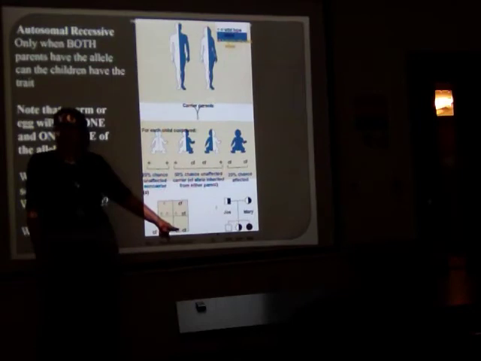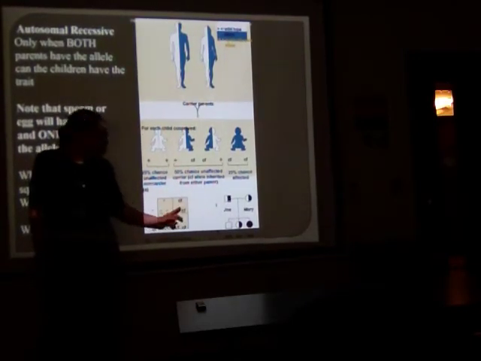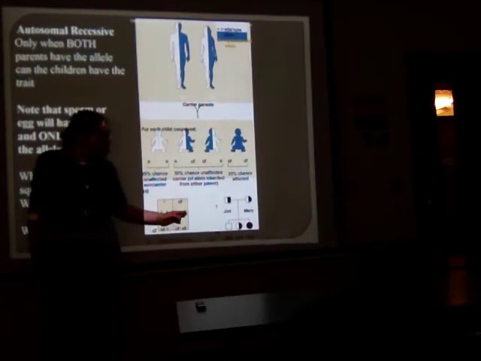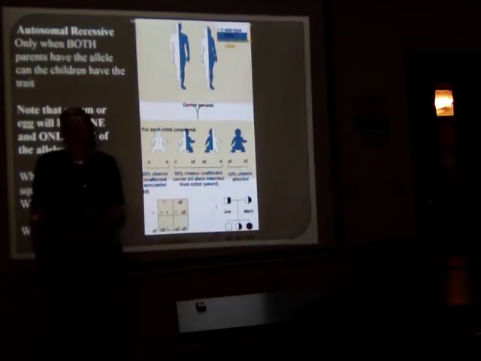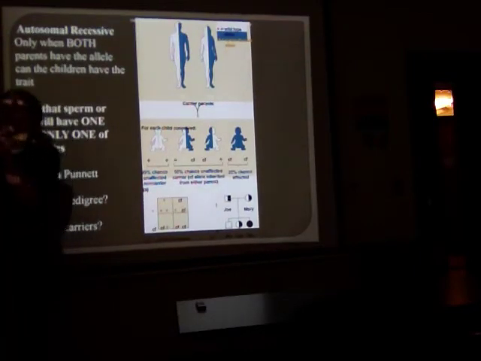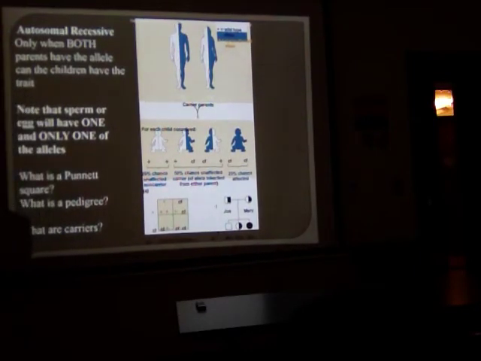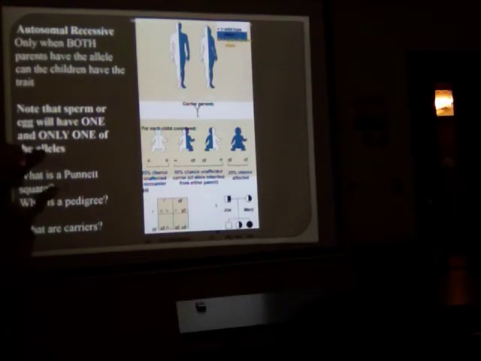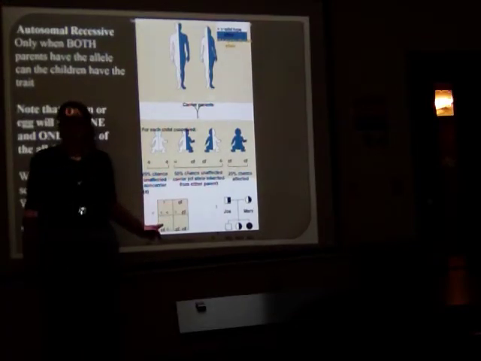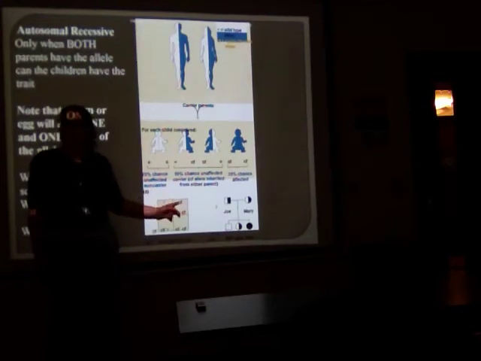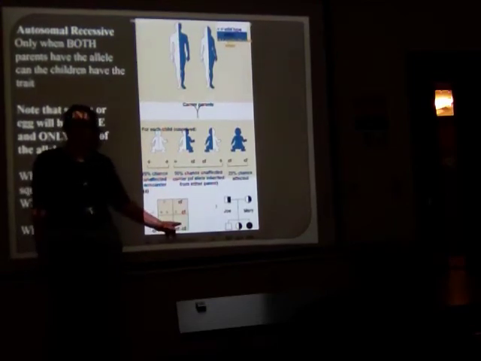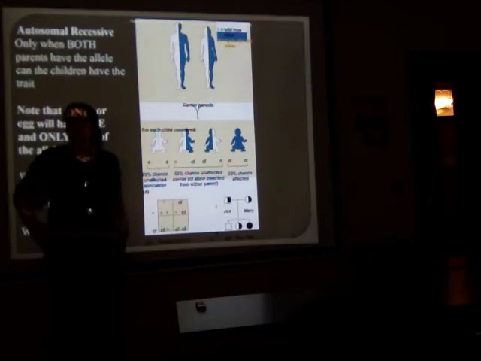And 1 in 4, or 25%, are homozygous recessive. If I wanted to know the phenotype, do you have the disease or not, I would say that 3 out of 4, or 75%, are normal, and 1 in 4, 25%, have cystic fibrosis.